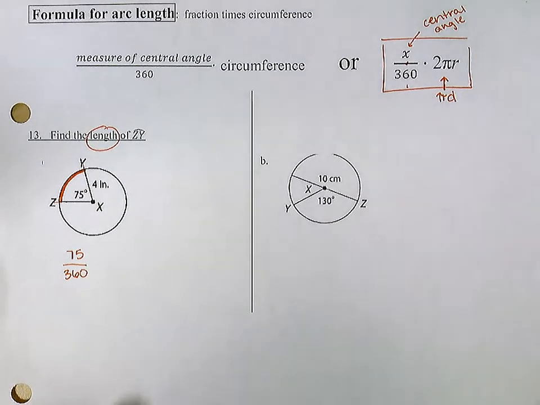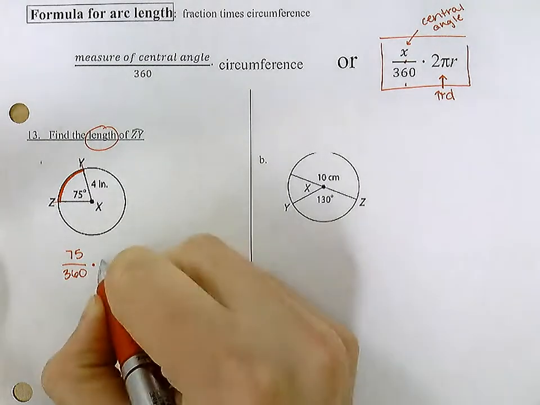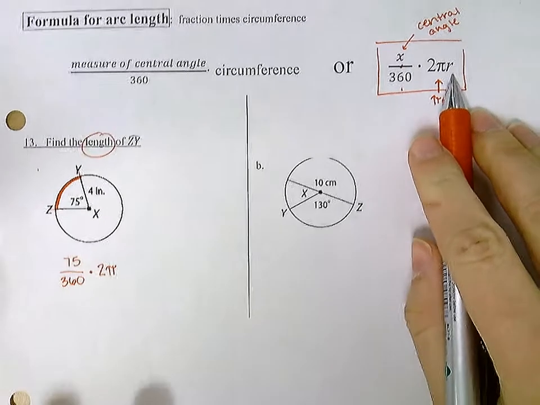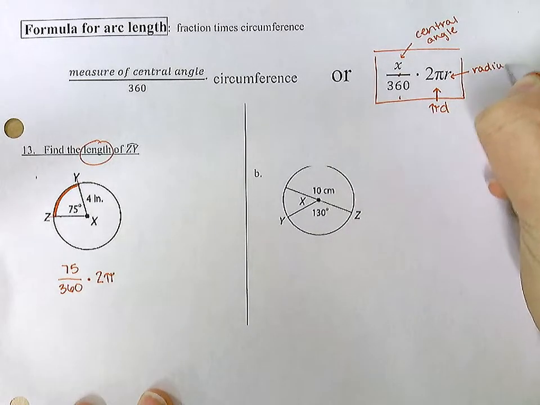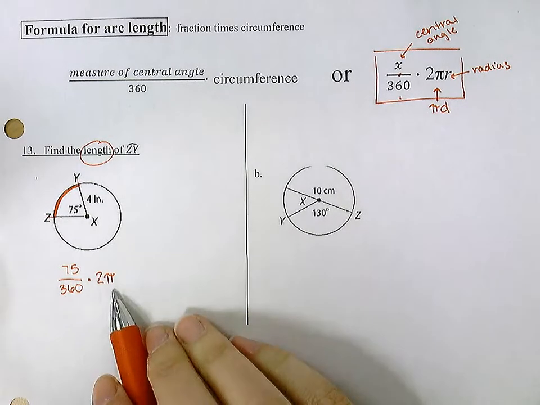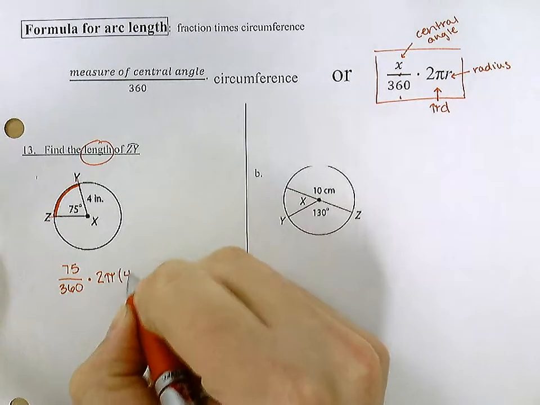Now we need to multiply by the circumference. So I'm going to multiply by 2 pi r, where r is your radius. So we have to multiply by our radius, which is what? 4.